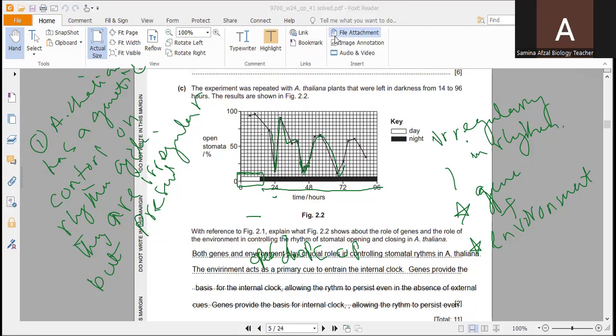Environment is also playing a role, for example at night the stomata are closed. Only the genetic expression is helpful at this time, but both of them play a very vital role in this case.